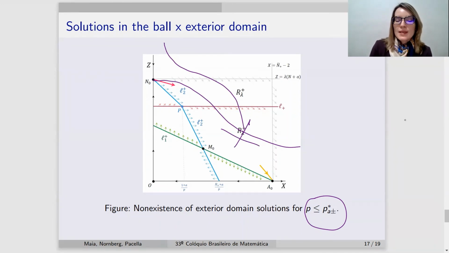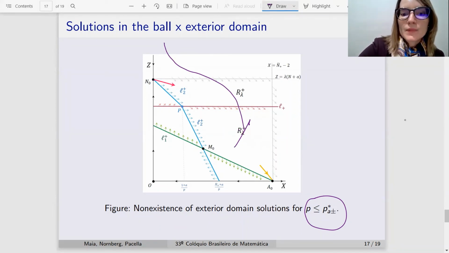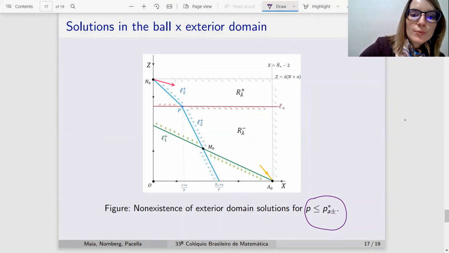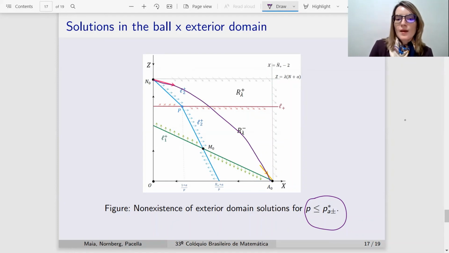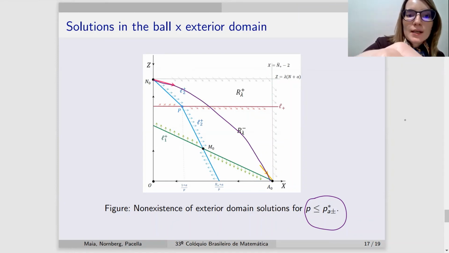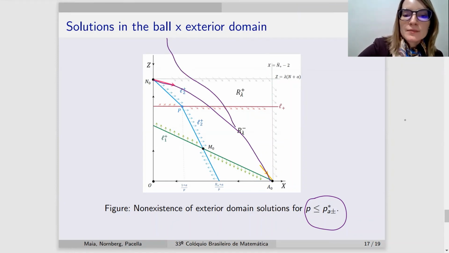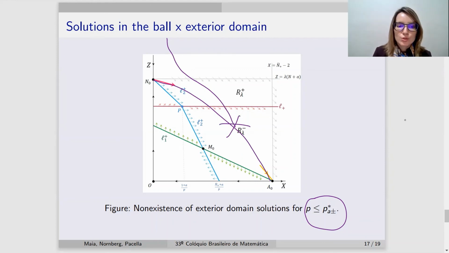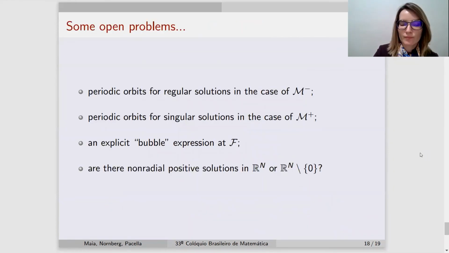So, in this case, exterior domain solutions are not admissible. And the same is true when we have it at a critical exponent, and an exterior domain solution cannot pass through this trajectory.